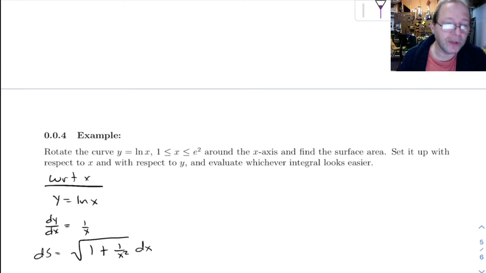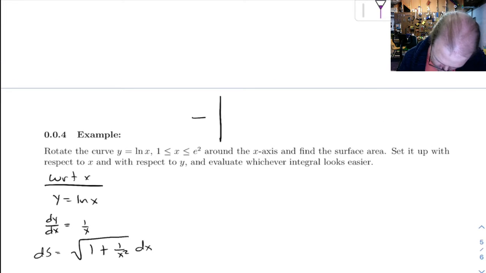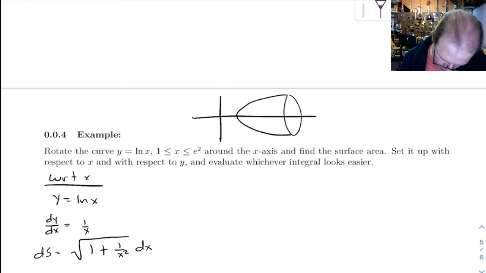All right, I didn't draw it, but we've basically got this sort of bullet shape. And the radius of this thing is going to be y, which is of course ln x.